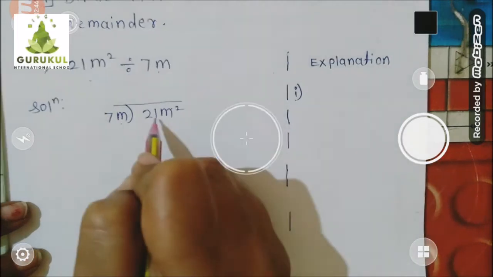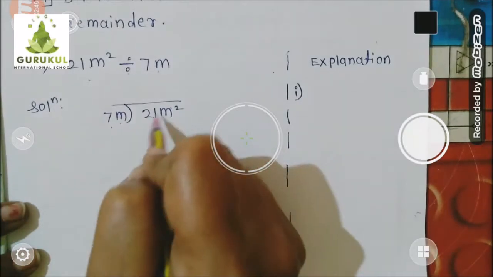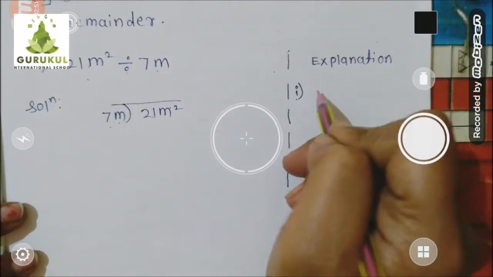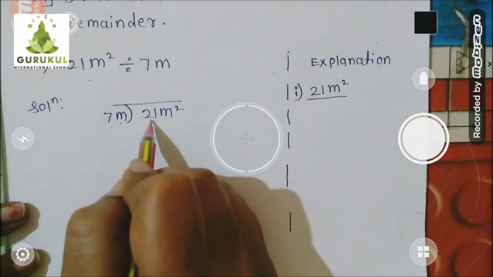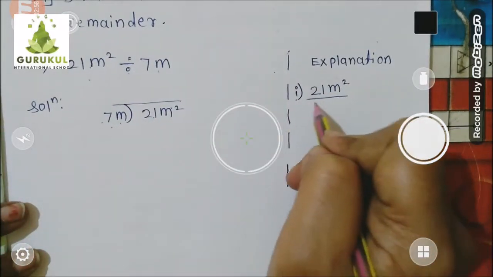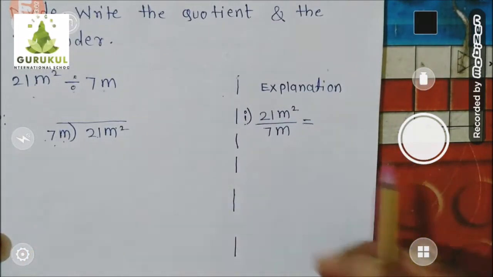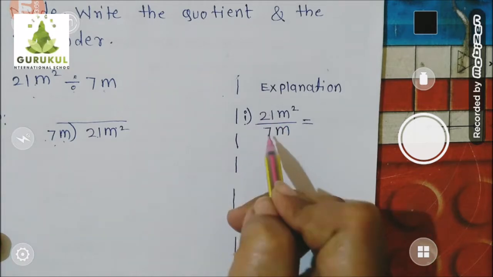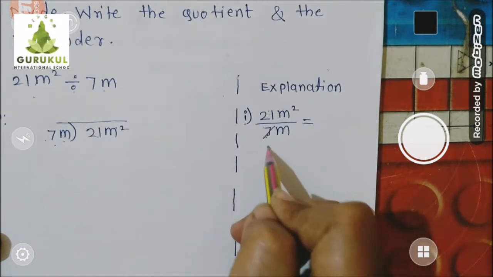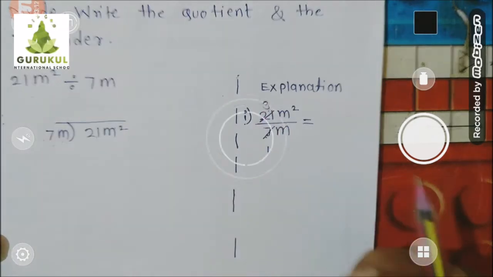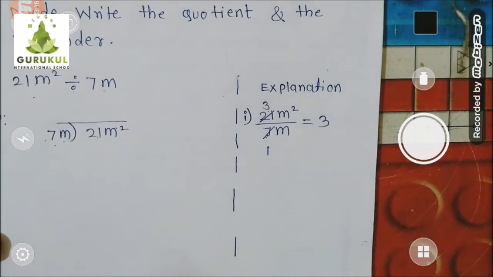Okay. So I have written the explanation. Now, children, we are dividing 21m square by 7m. So I will write it in the numerator and denominator. The dividend is always written in the numerator, divided by 7m, which is written in the denominator. Now how to divide, you know very well. 21 divided by 7, number divided by number. You know very well, 7 ones are 7, 7 threes are 21. So the answer is 3 upon 1, which means only 3.